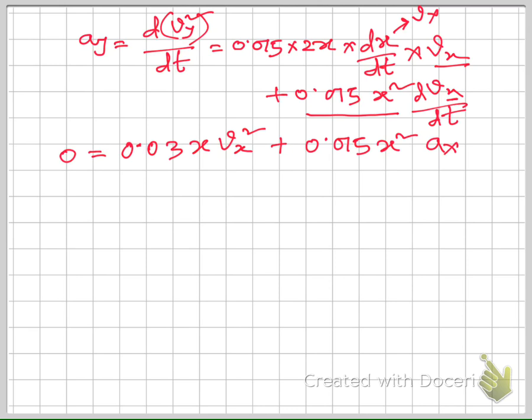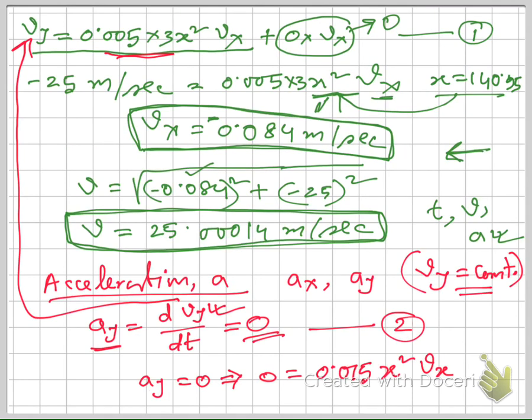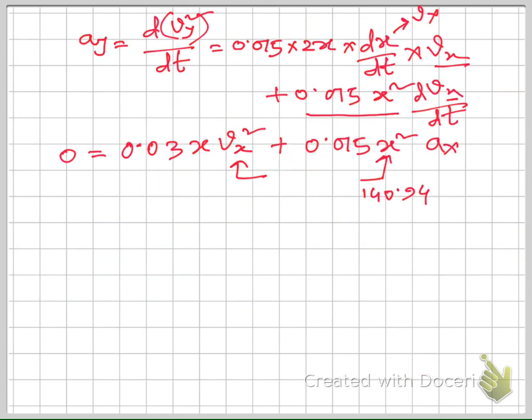Now if we know the value of vx and the distance of the plane at the current position, we found that it's 140.94, and then we found vx as 0.084, and here this one also is the value of x.